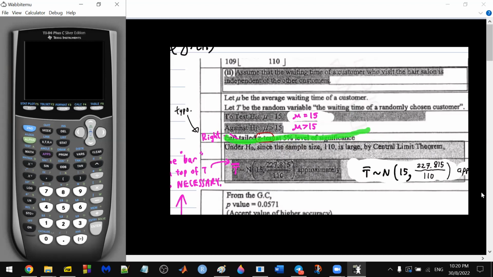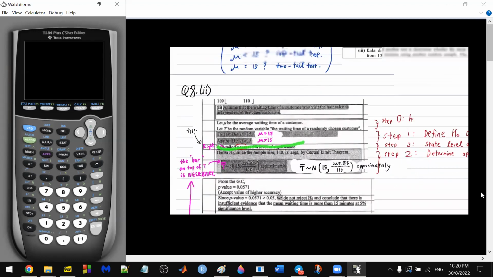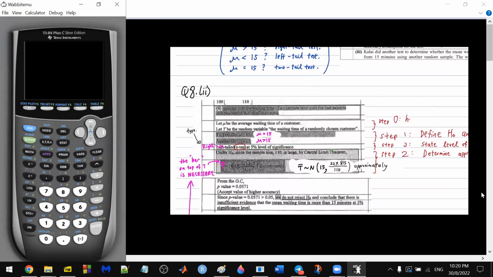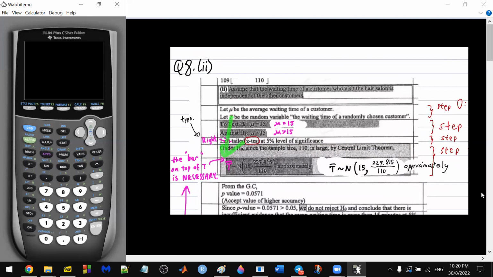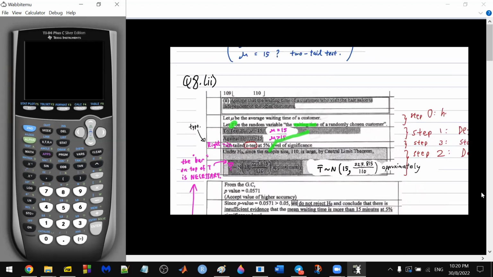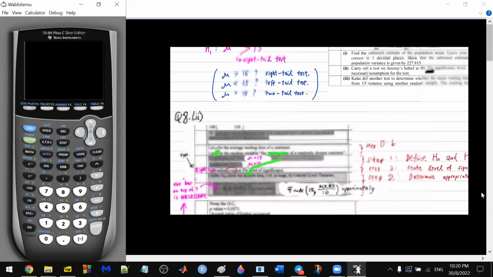This is more of step 3, where you state the level of significance. But for step 2, you are determining an appropriate test statistic and its distribution. You would usually be looking only at the sample mean. T is the random variable for waiting time, but we don't focus on waiting time. We look at the average waiting time.